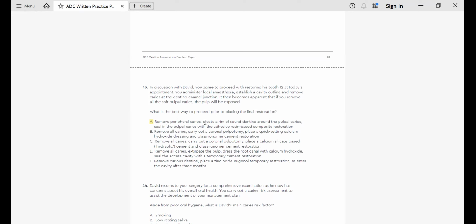If option A had a pulp capping agent, you can use that as well. A pulp capping material can be used, all right? It's going to be MTA, but ADC has not given it, so that's fine. It doesn't really matter if they have given it or not, because B, C, D, and E are wrong. So you're only left with option A, all right?